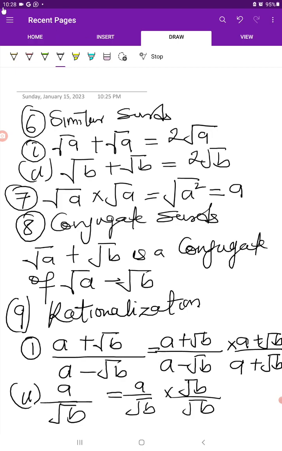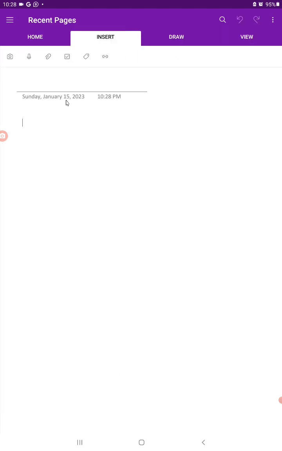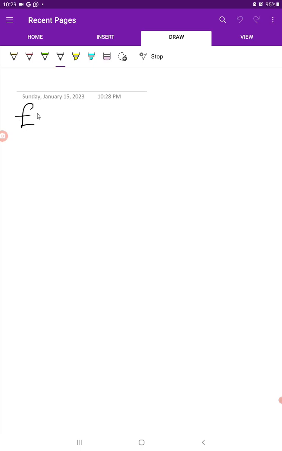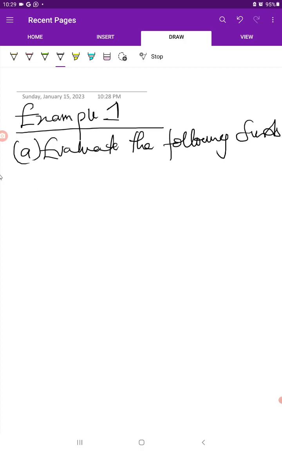This will make us have an example. Example 1: evaluate the following surds.